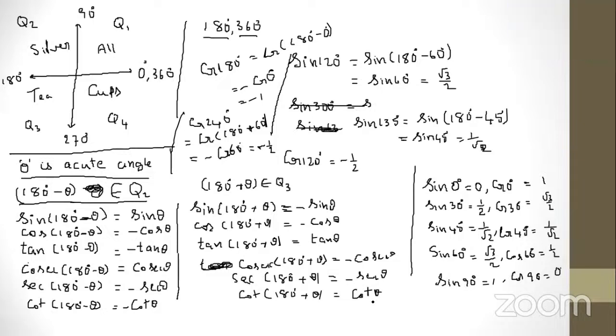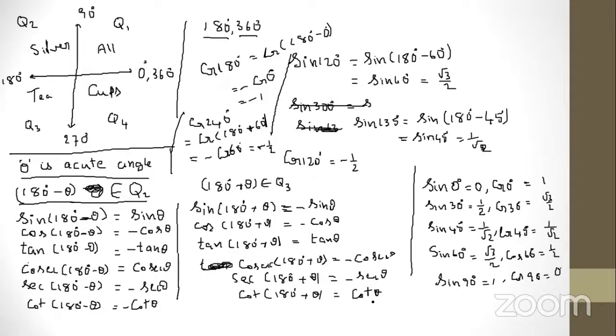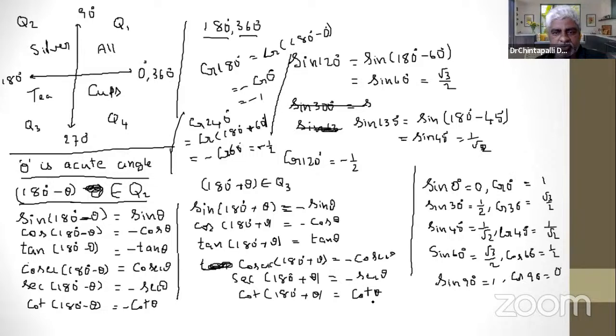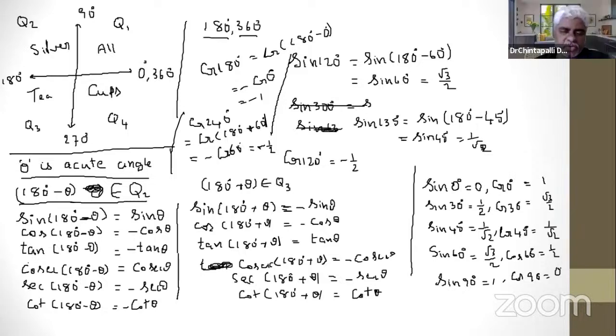Cot 240 means 180 plus 60. Did you calculate correctly? Cot 240 was asked. Sorry, I didn't write cot. Tell tan 240. Tan 240, root 3 only.